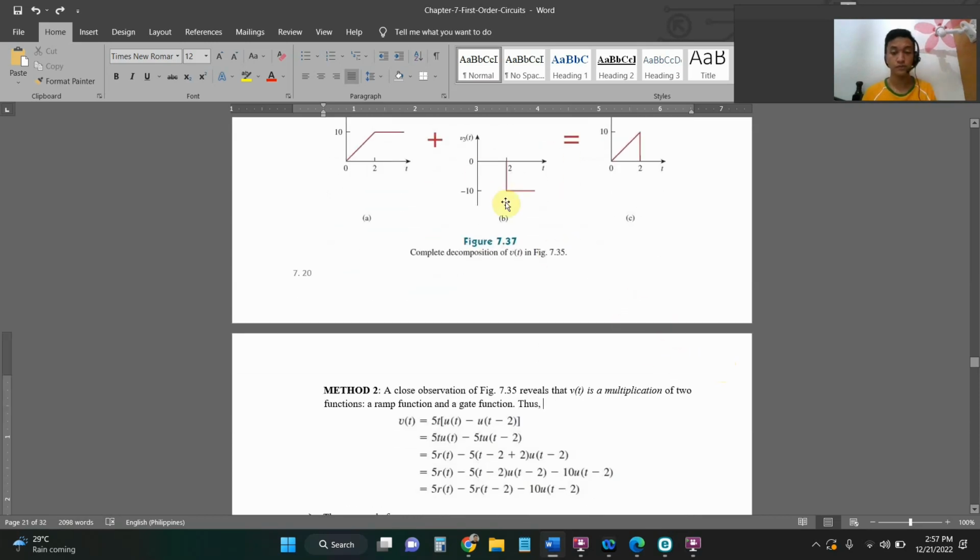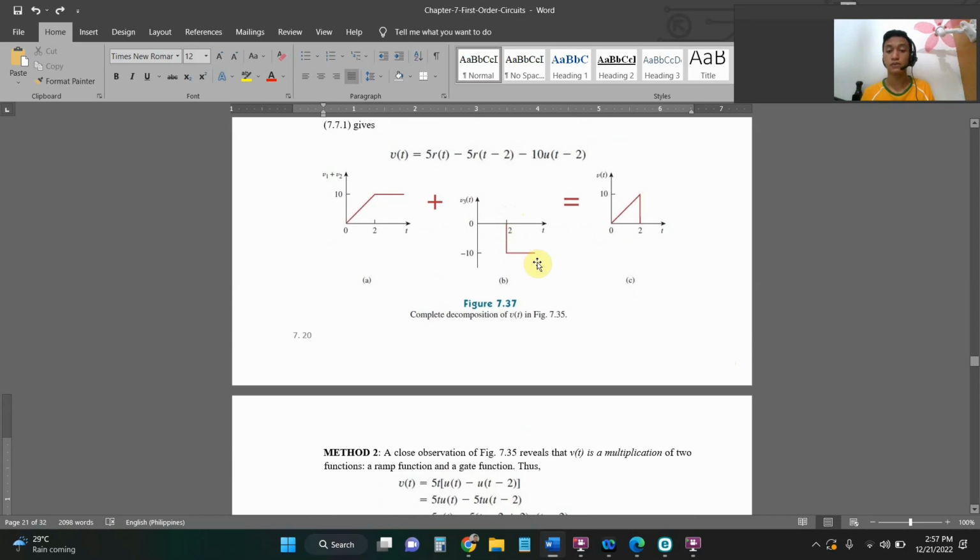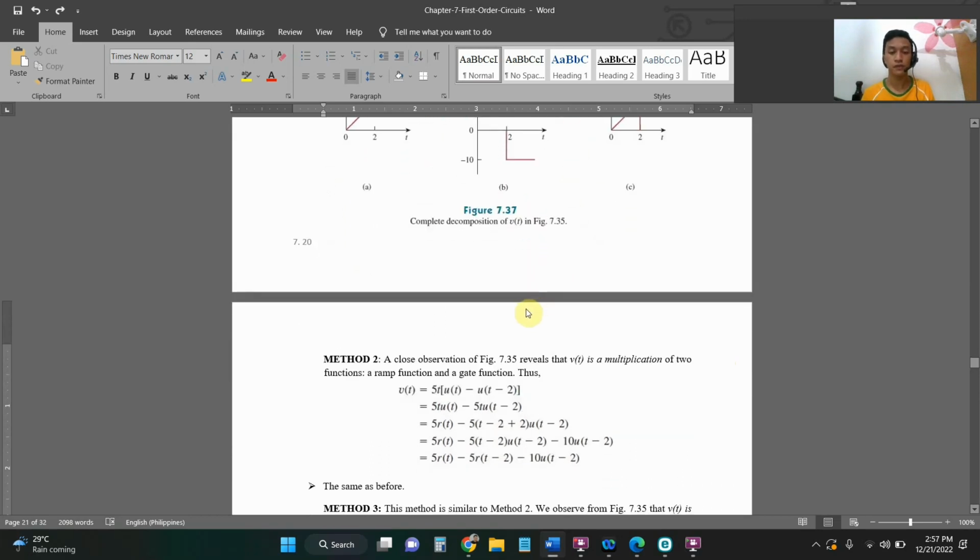So in method 2, in figure 7.37, a close observation of 7.35 reveals that v(t) is a multiplication of two functions, a ramp function and a gate function.